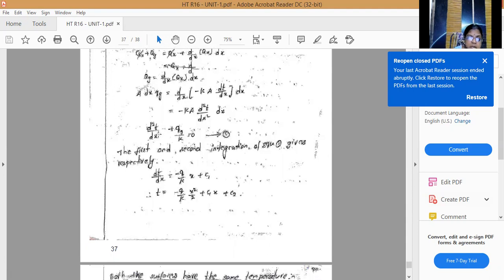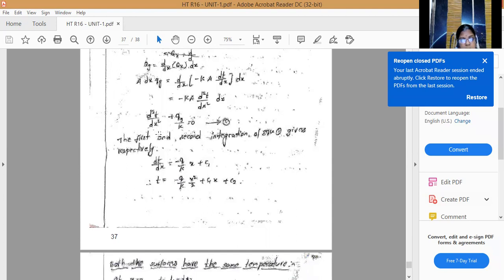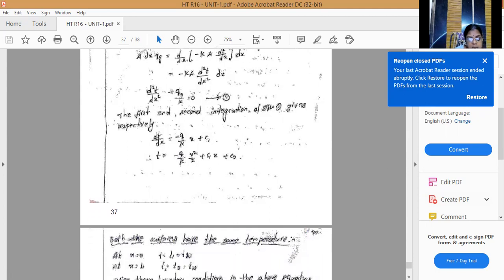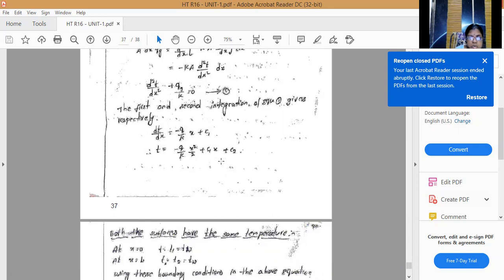So now the first and second integration of the equation. We take this equation and apply the first integration. So dT by dx is equal to minus q by k x plus the constant term C1. Then we apply the second integration, so T is equal to minus q by k x square by 2 plus C1 into x plus C2.